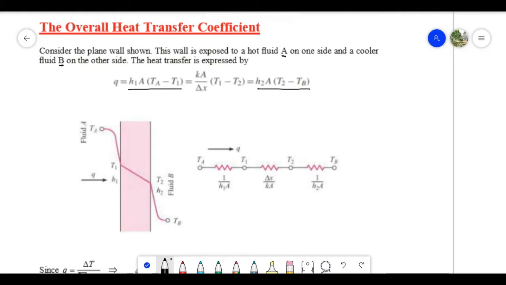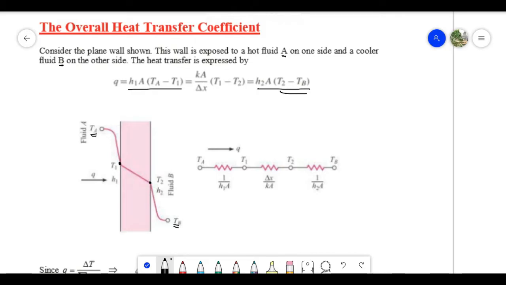As you can see, Ta minus T1: A is the hot fluid, T1 is on the surface of the wall, and T2 minus Tb is on this other side, where T2 is the surface of the wall and Tb is the temperature of the fluid.